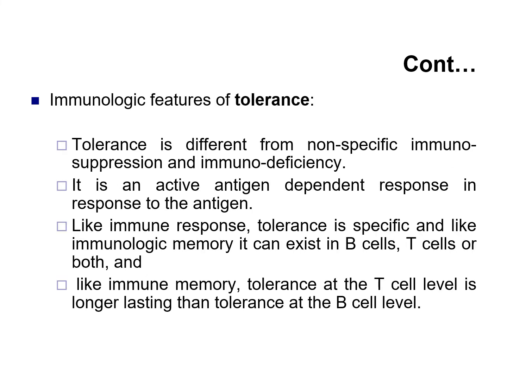So tolerance is not the same as non-specific immunosuppression or immunodeficiency. It's like the B cells and the T cells are actually ignoring the presence of the antigen, right? So that is tolerance. It's tolerating the presence of that antigen.